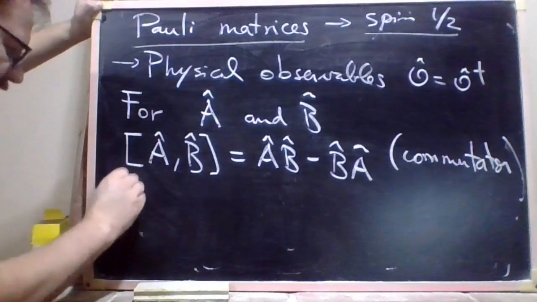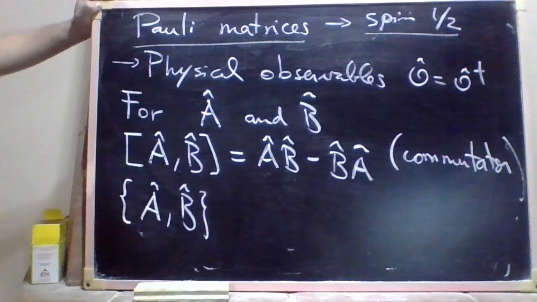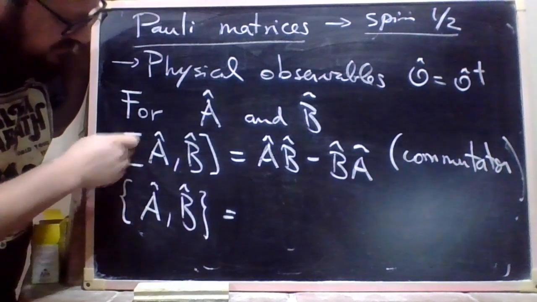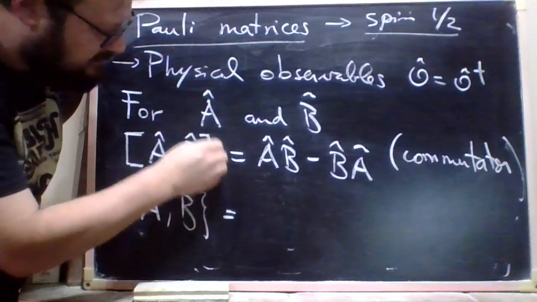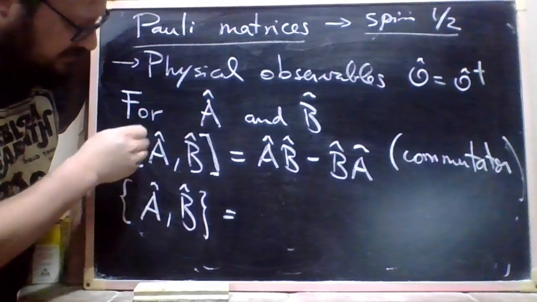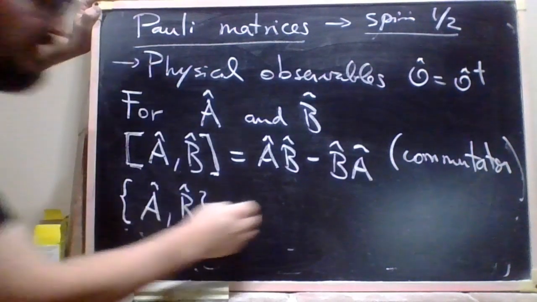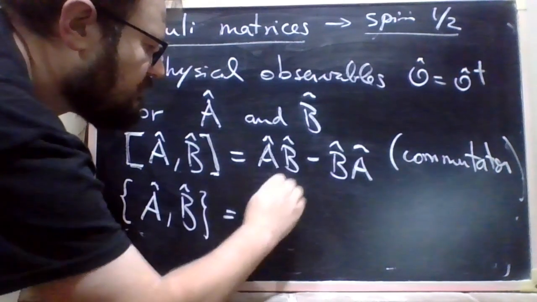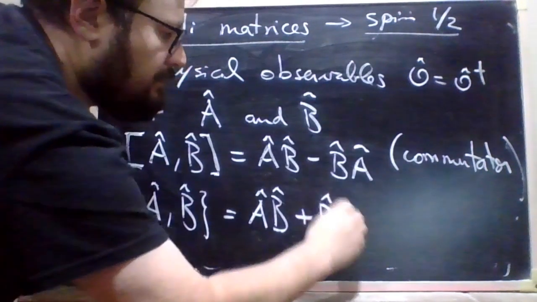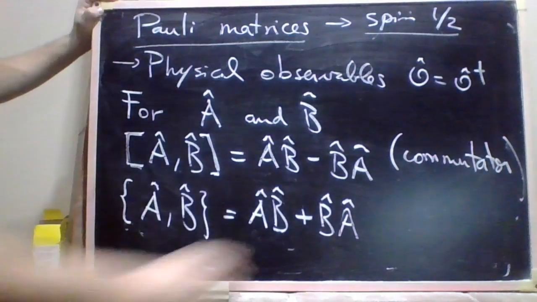And this symbol here, I hope I can do it right so you can see exactly, this is one form of a bracket and this is a curly bracket, okay? So the square bracket means commutator and the curly bracket, all right, is the anti-commutator. You can perform a product of two matrices or two operators and sum the product in the reverse order. Okay, this is the anti-commutator.